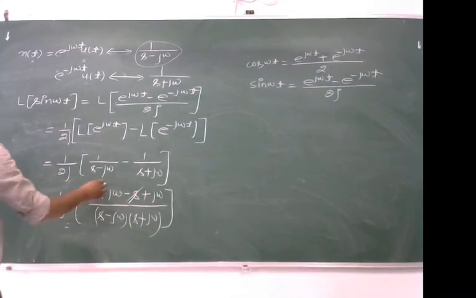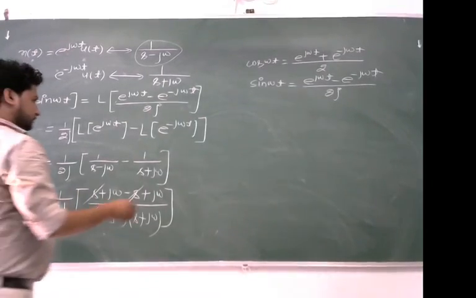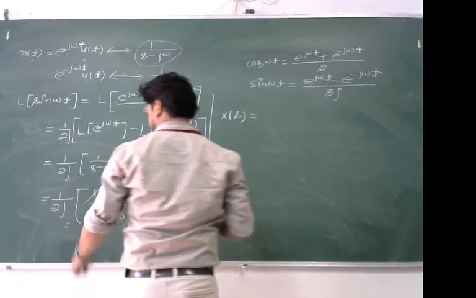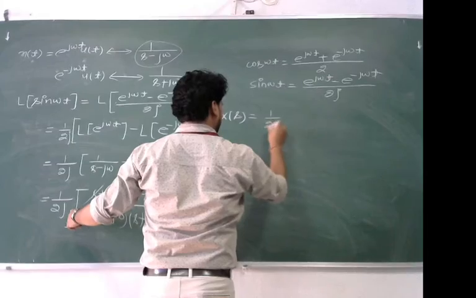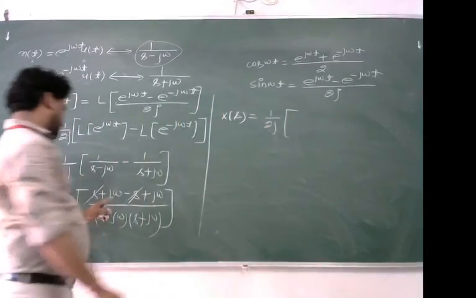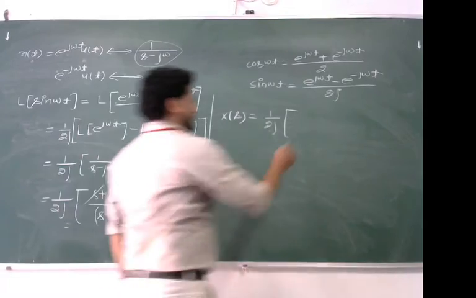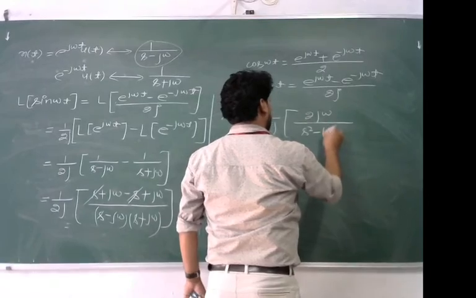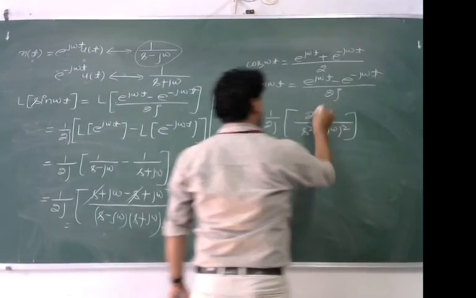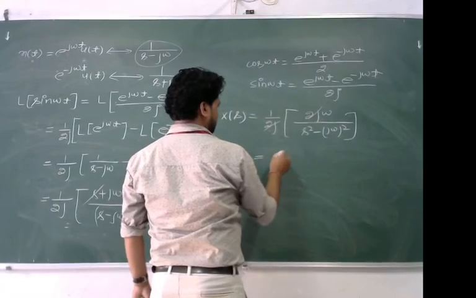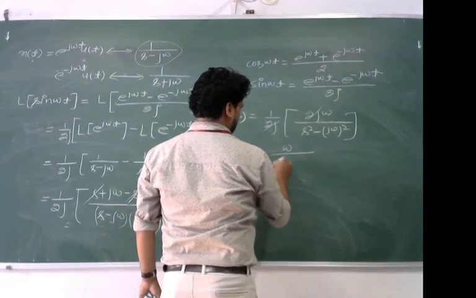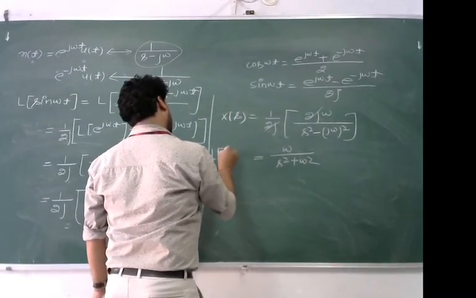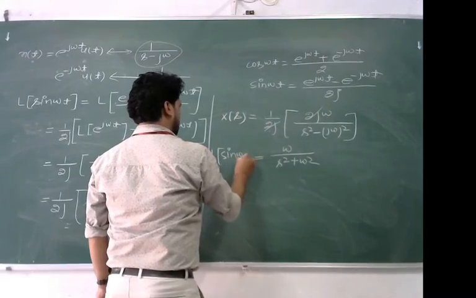This s and s will get cancelled, and this will become 1 by 2j into, here it is j omega plus j omega, this is 2j omega divided by s square minus j omega whole square. This 2j and this 2j will be cancelled. This is omega upon s square plus omega square. This is the Laplace transform of the sinusoidal signal sine of omega t.